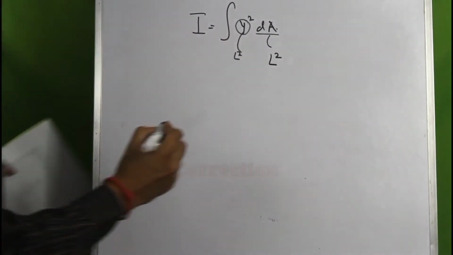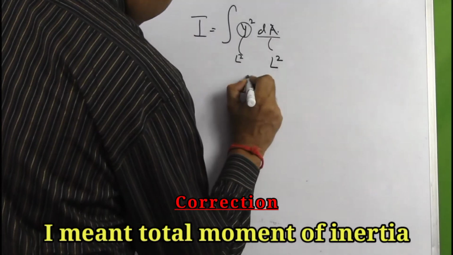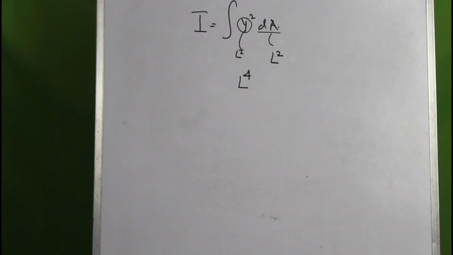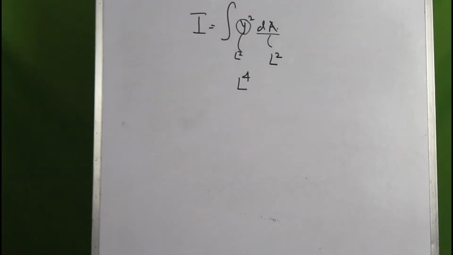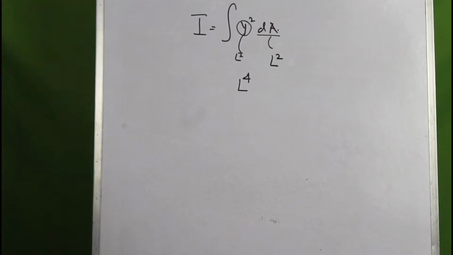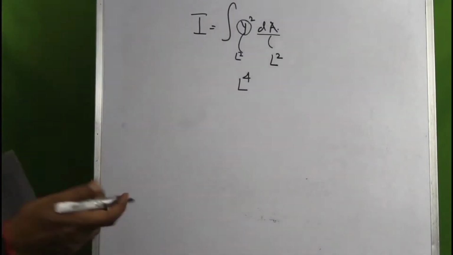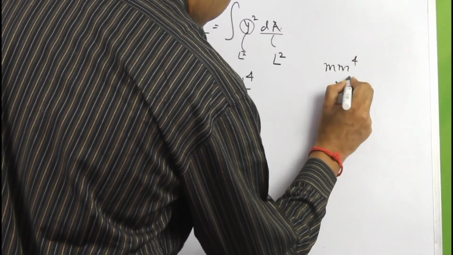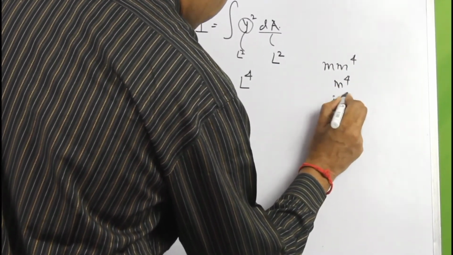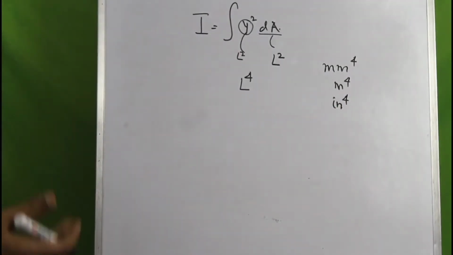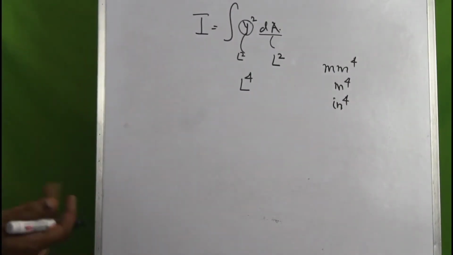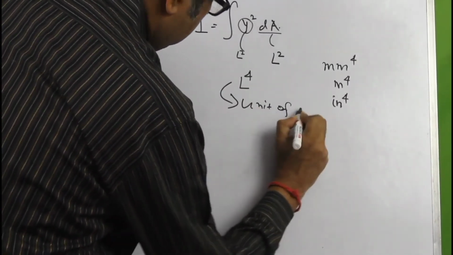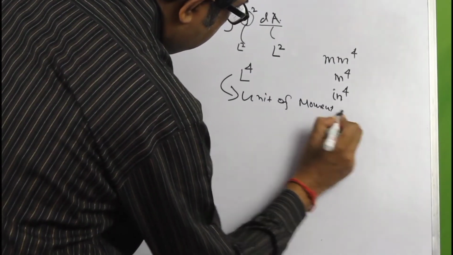So finally, the total would come as length to the power 4 for the moment of inertia. So the units that we would see for moment of inertia would be something like millimeter to the power 4, meter to the power 4, inch to the power 4, and so on. So length units to the power 4 is the unit of moment of inertia.